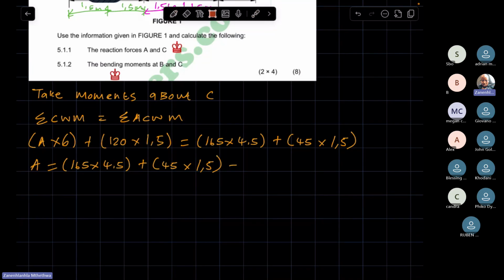This side becomes negative, so minus that, and then of course you are looking for A, so we divide by the 6. So all of this divided by 6, and what you get is the value of A.